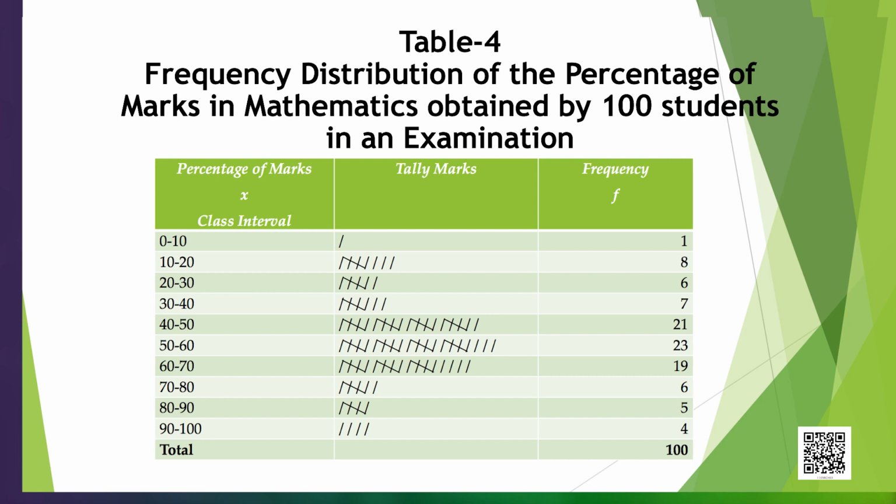For example, if the marks obtained by a student are 57, we put a tally against the class interval 50 to 60. If the marks are 71, a tally is put against 70 to 80 and so on. If someone got 40 marks, the tally is put against 40 to 50 as per rule.